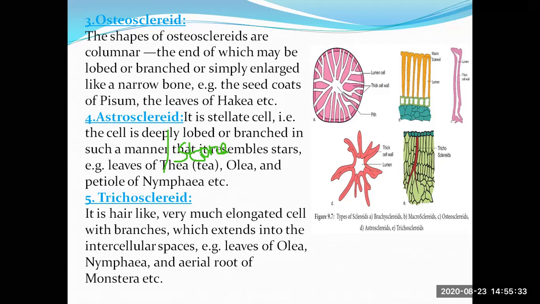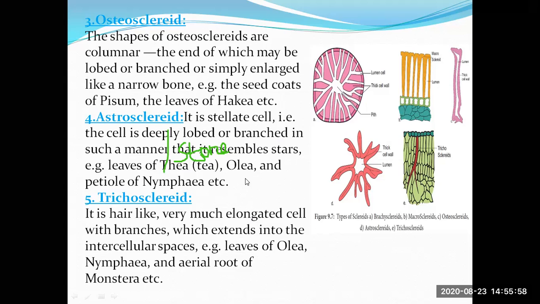Deeply lobed and branched cells. Best examples for this are Nymphaea petiole, and tea leaves of Thea, Thea means tea, and also leaves of Olea.